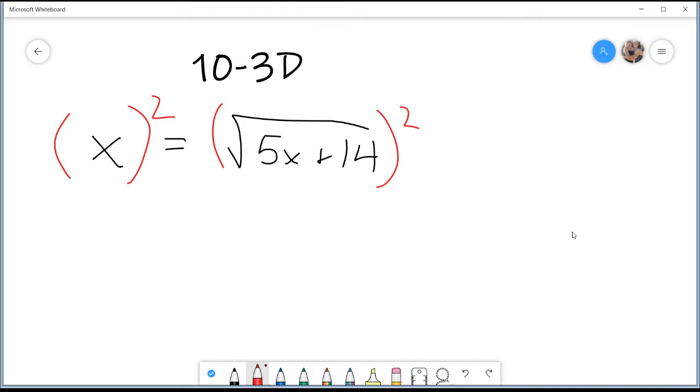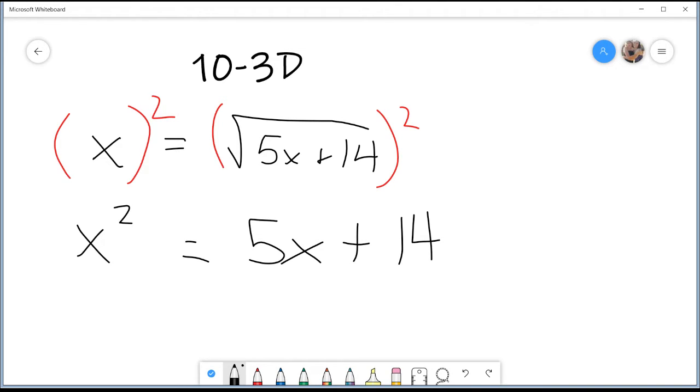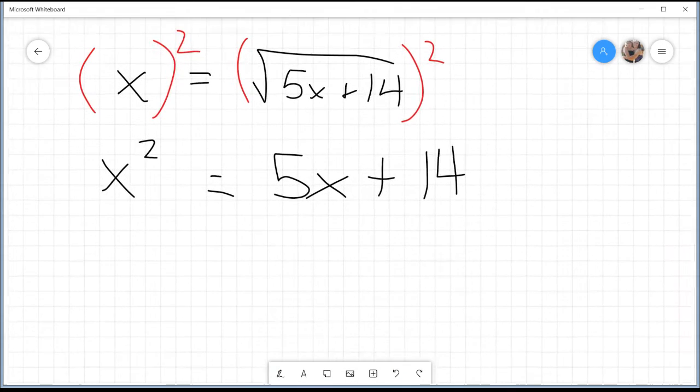But that's not a problem here because the square root part is on its own. So we have x squared over here, and when you square something in the square root, since it's inverse operations, the stuff on the inside just pops out. So we have x squared equals 5x plus 14.